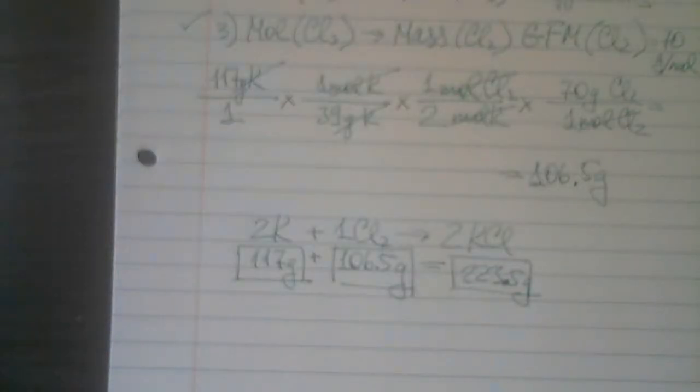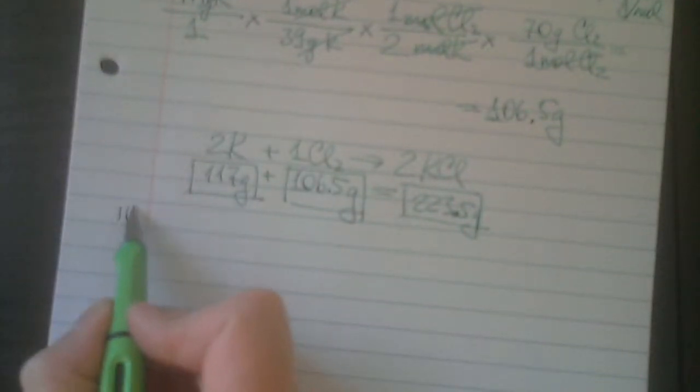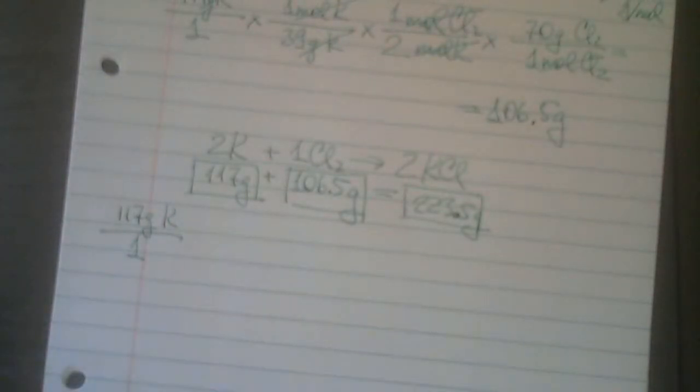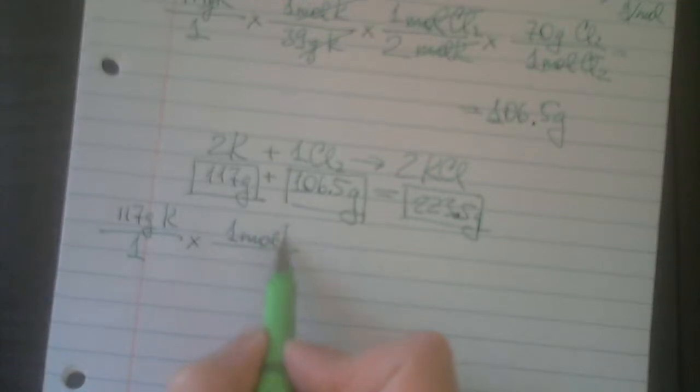But because I'm very much into checking our calculations all the time, I will do the calculation one more time just to make sure that I'm correct. So, as before, I start by placing 117 grams of potassium over 1. Then I convert from mass of potassium to moles of potassium. 1 mole of potassium weighs 39 grams.